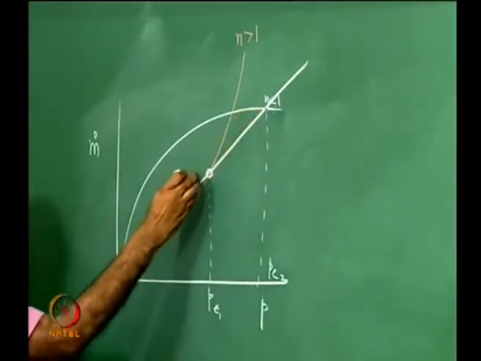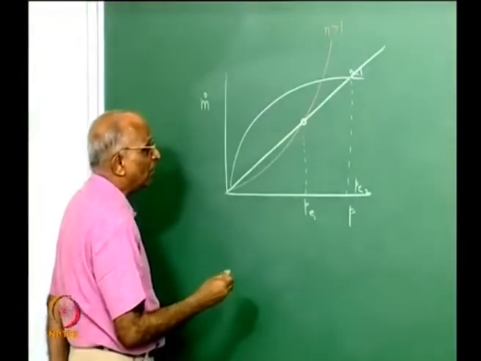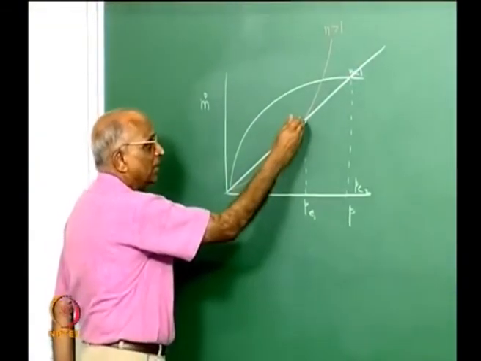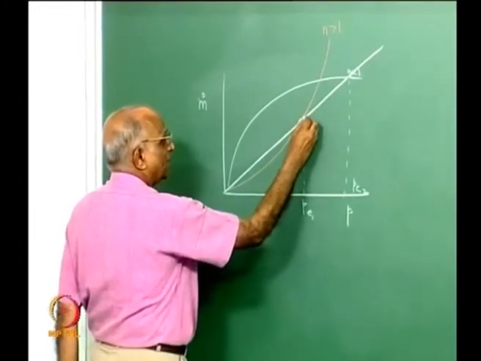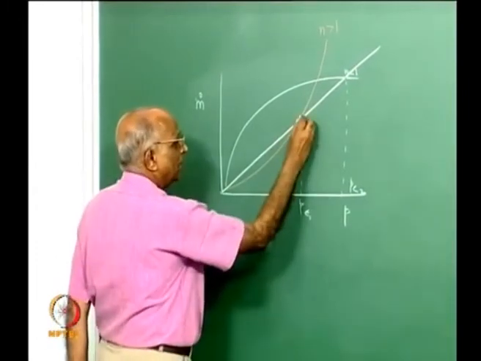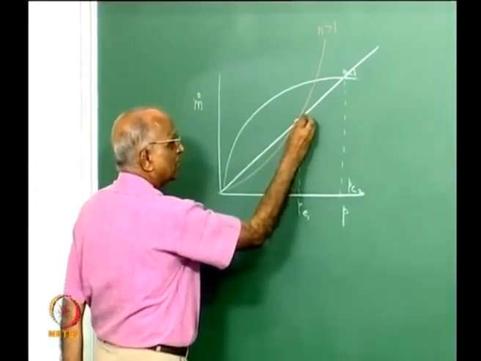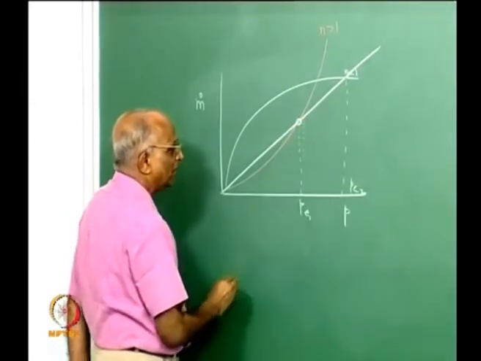Let us try to get some idea whether these states are possible, and if so, are there some problems in these equilibrium pressures. When n is greater than 1, let us say I have a small perturbation in pressure, a small perturbation can always come, and let us say that the pressure reaches this value. That means the pressure is slightly higher than the equilibrium value.